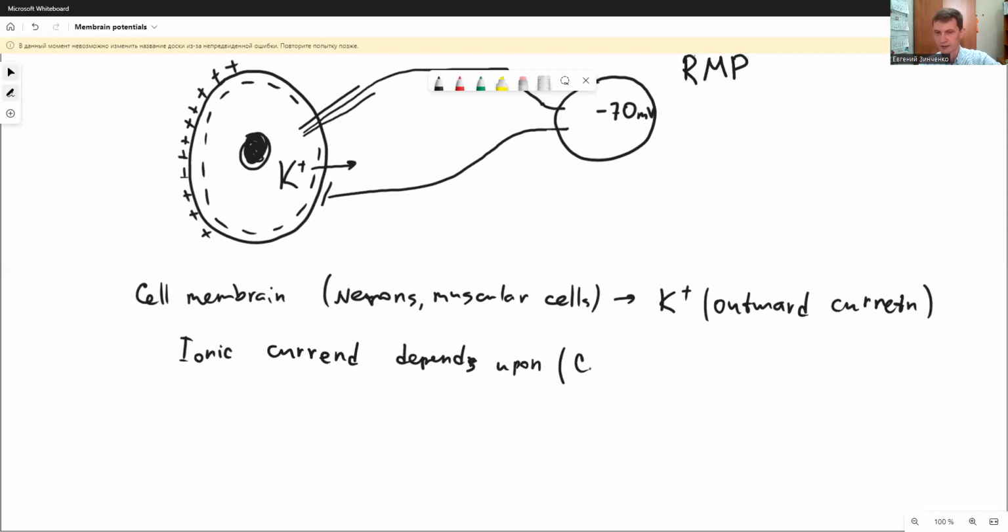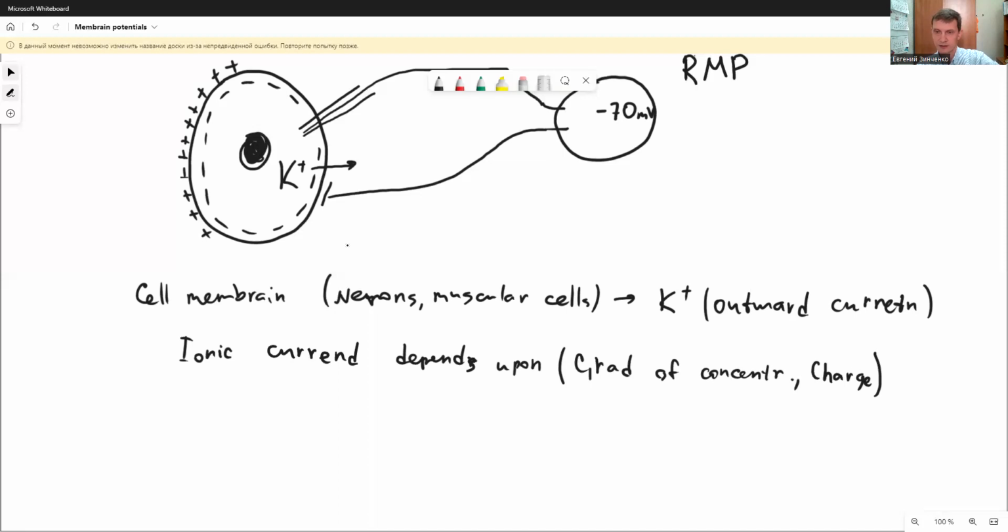It is the gradient of concentration for the specific ion, and the second one is the charge of the cellular membrane.